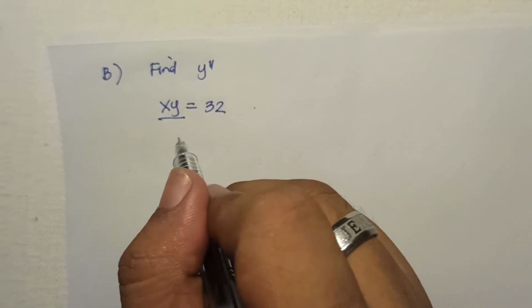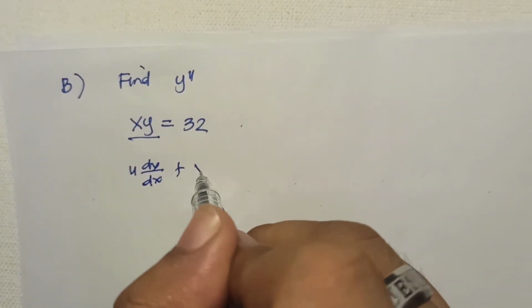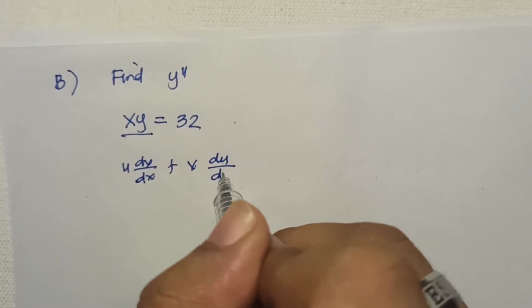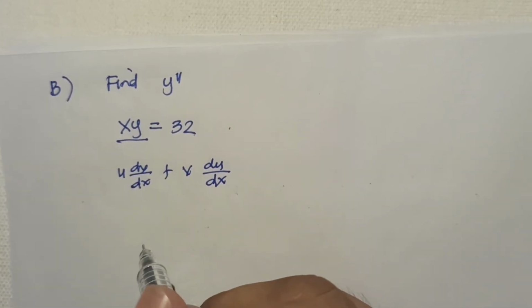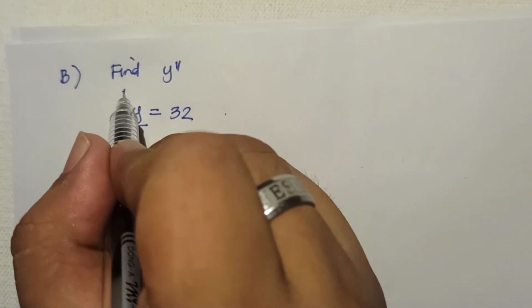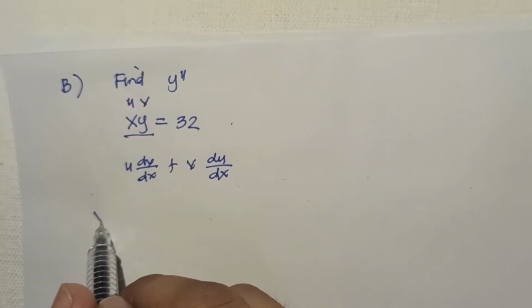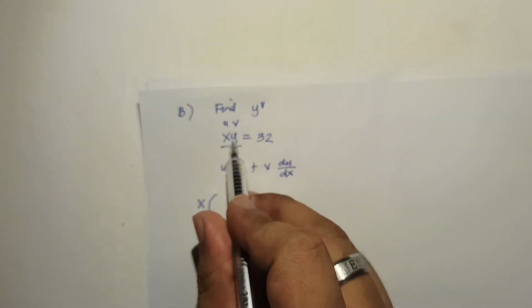the product is in terms of u dv over dx plus v du over dx. So first you have to copy, and this is our u and this is our v. So copy x and the derivative of y.